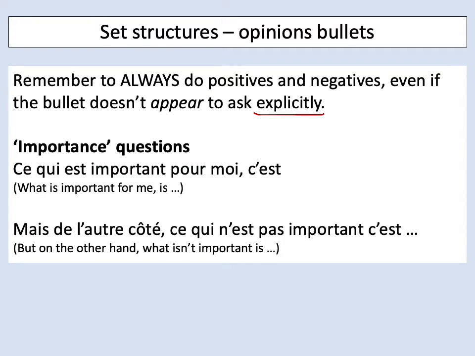So all I'm telling you, and I will emphasize telling you, if you get an importance question, you start your first section with this. What is important for me is, you write that bit, you write your other bits and pieces. Once you've done that, about 35 words, you're moving on and you're saying, but on the other hand, what isn't important is this.